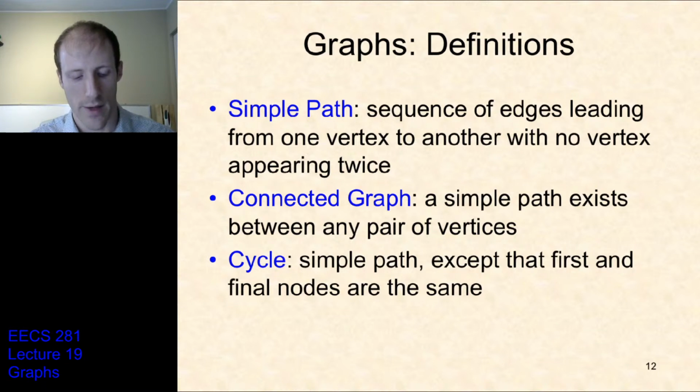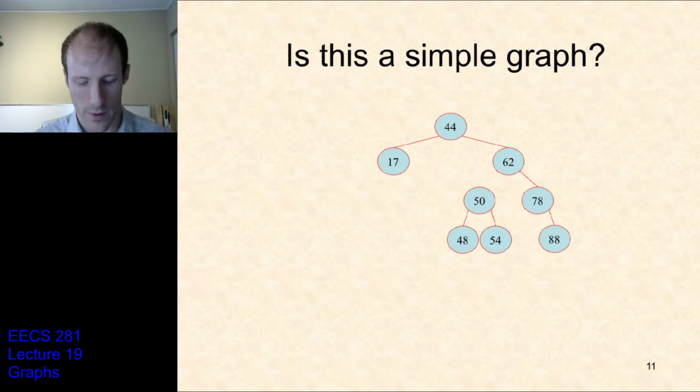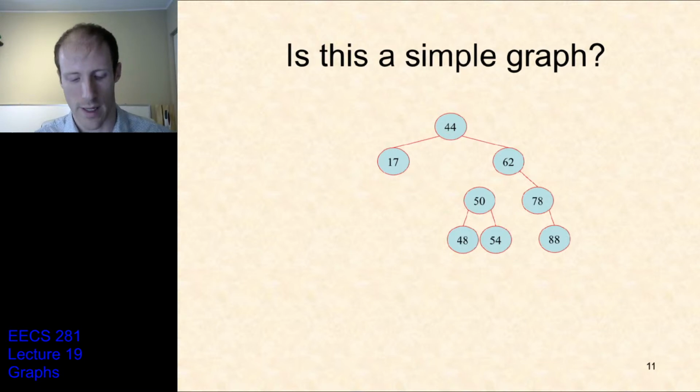This allows us to define more precisely what a connected graph is. A connected graph is any graph where a simple path exists between any pair of vertices. So, to go back to this example, there's no path from, say, 54 to 44. So it's not connected.